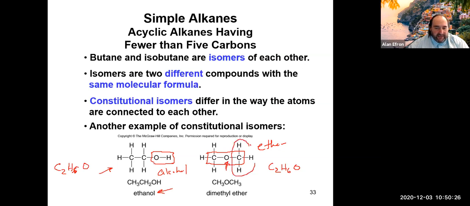As we just talked about, that's a CH3 group, which is a methyl group. You go to the left of the oxygen, you have another methyl group. And since we have 2 methyl groups in the same compound, we use the prefix di. So dimethyl ether. They both have different names. They are both different organic compounds, and they are isomers of each other.